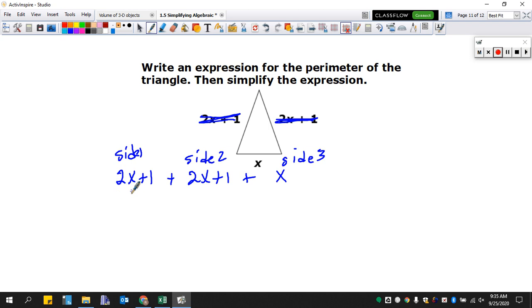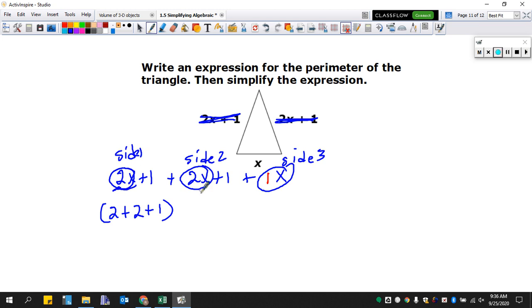So we have a 2x and a 2x and an x, which remember it has a coefficient of 1. Okay. So we're going to say these are all adding. So we're going to say 2 plus 2 plus 1.